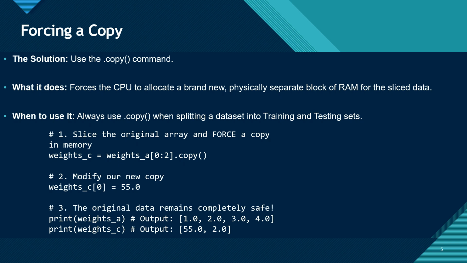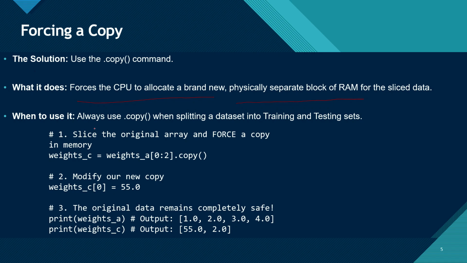Forcing a copy: how can we avoid this? We have a solution. We use the .copy command. It forces the CPU to allocate a new, separate physical block of RAM for the slice data.